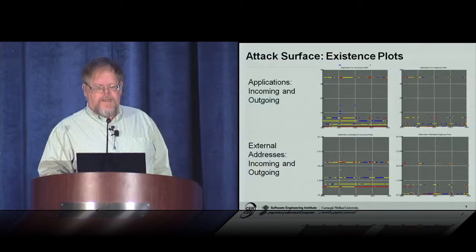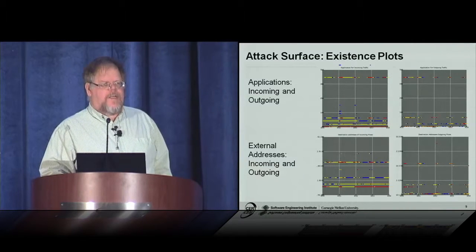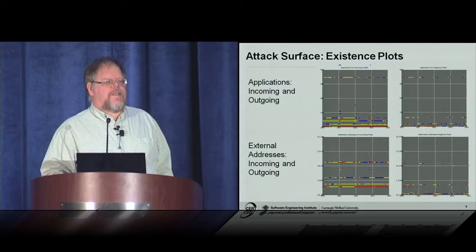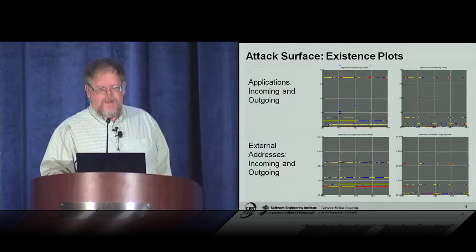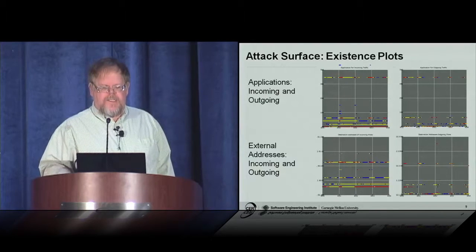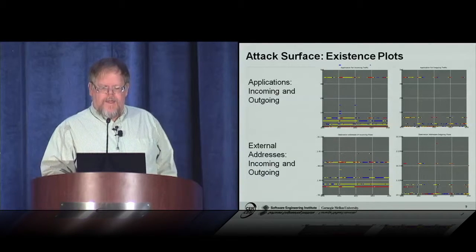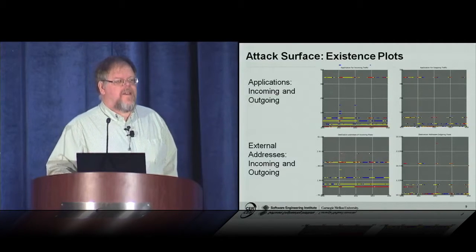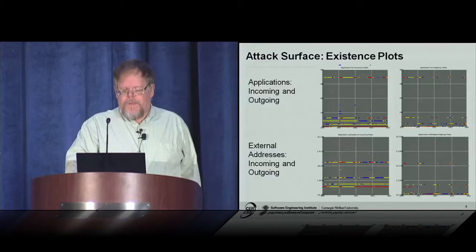An existence plot is basically a two-dimensional heat map where the horizontal axis is time, in this case over the hour of the exercise, and the vertical axis is some characteristic of flow. In the case of the applications, it's the application labeling. In the case of the external addresses, it's the external address space plotted vertically.